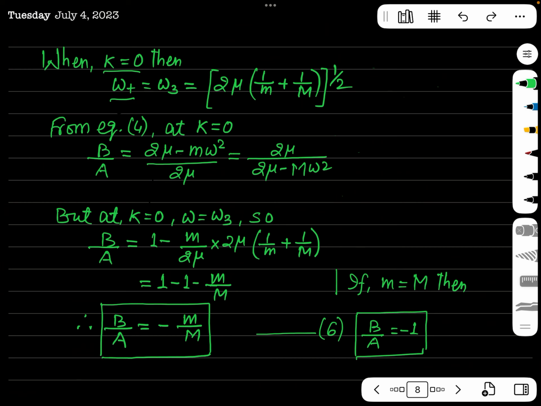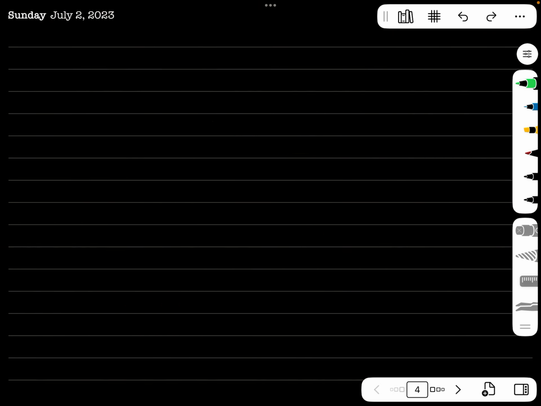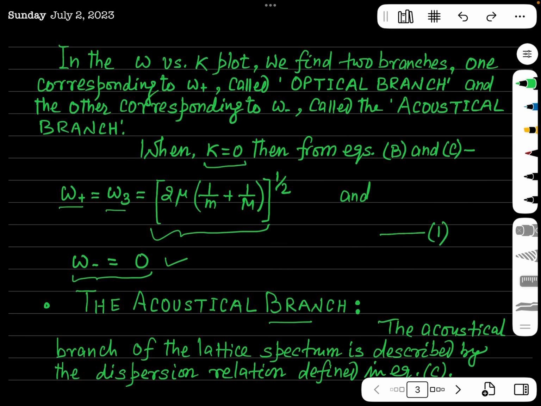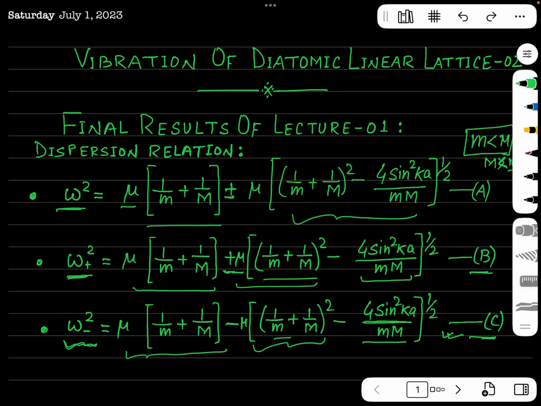Actually, I have denoted in that figure this value of omega plus by omega 3, and you can easily find it by substituting k equal to 0 in the expression which I have mentioned here for omega plus.